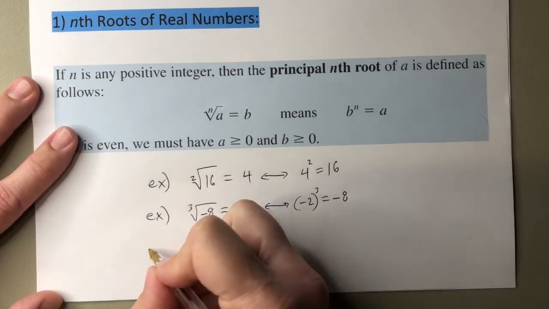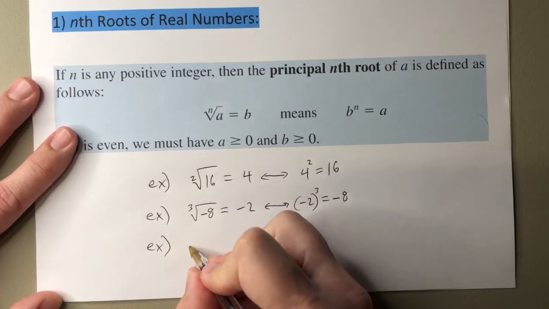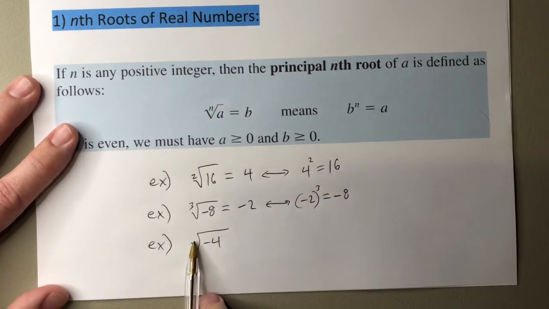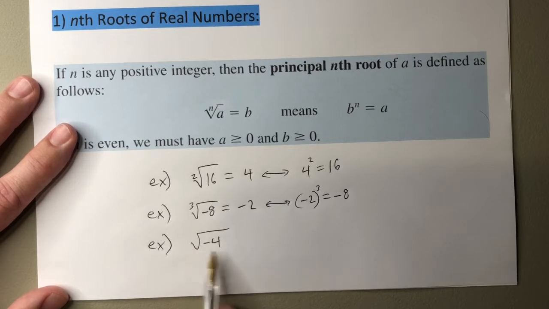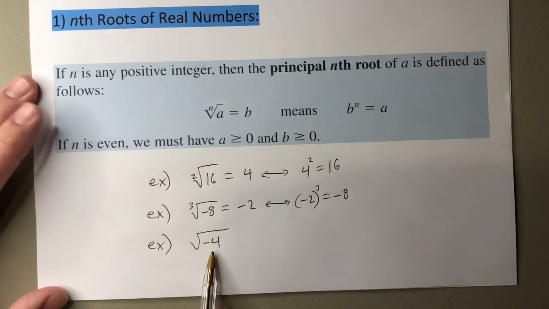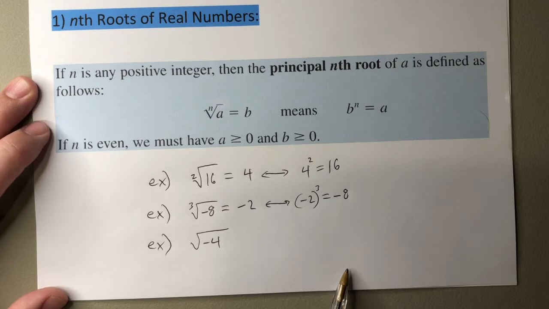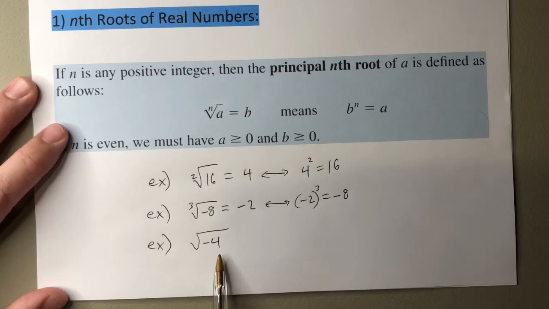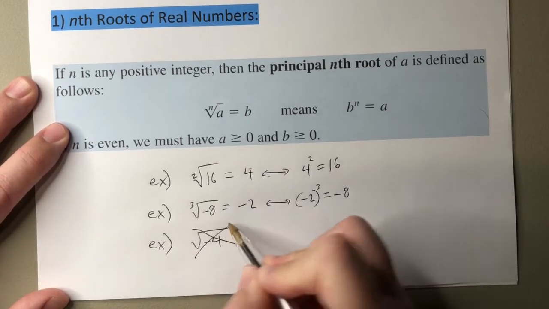So the only thing you can't do is something like this. Let's say you have the square root of -4. Well, what does this mean again? The index is a 2. You can't take the square root of -4 and get a real answer. The answer here would actually involve the imaginary unit i, which we're not going to worry about, so this is not going to work in our class.